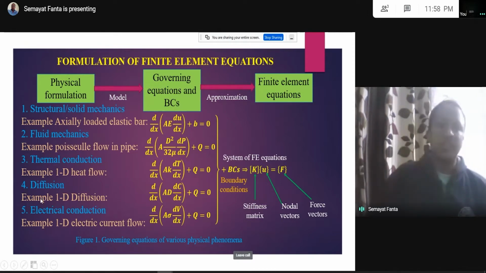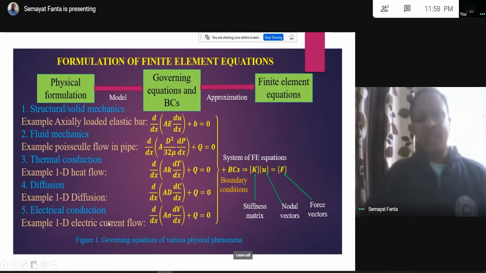And the one-dimensional diffusion equation is also the same. Again, the electrical conduction equation. Okay, so electrical conductivity sigma is there, cross-sectional area, and so on.